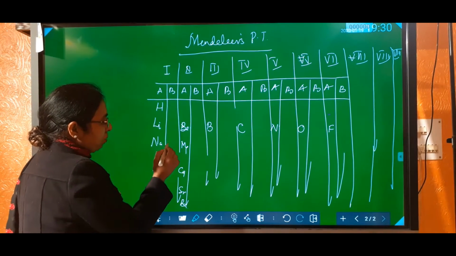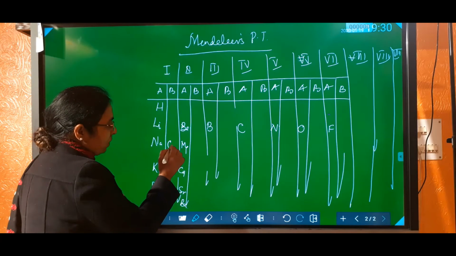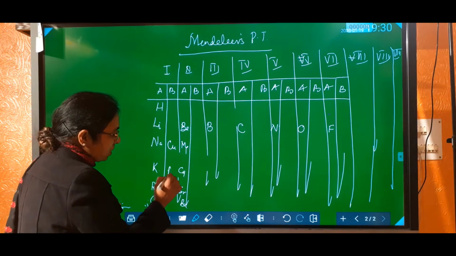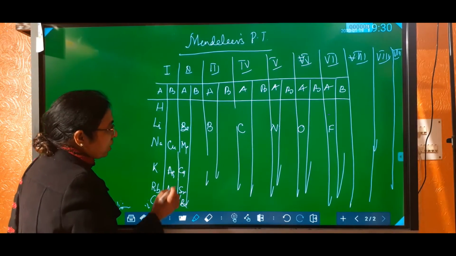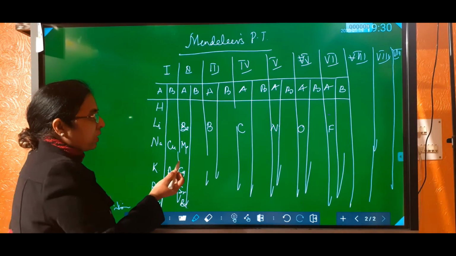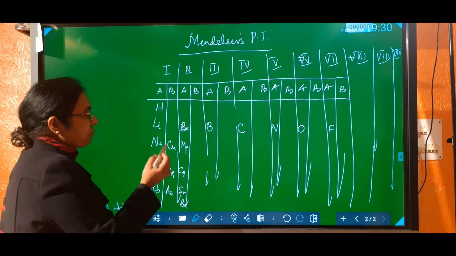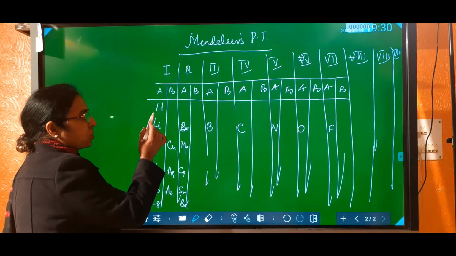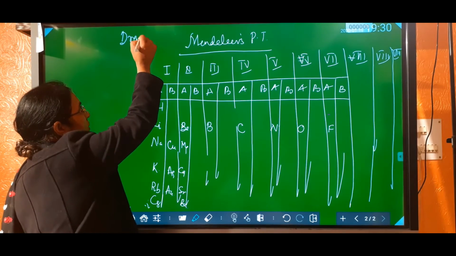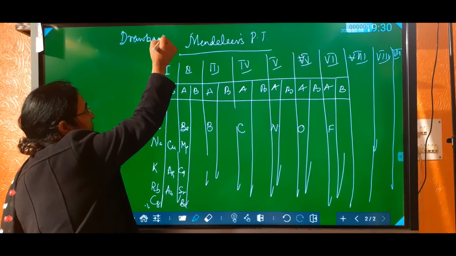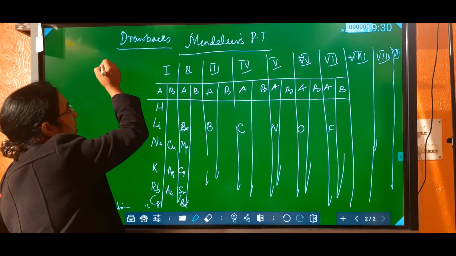Over here comes copper, silver, gold. Now you can see what the drawbacks are. The first drawback is the position of hydrogen, which is still prevailing.